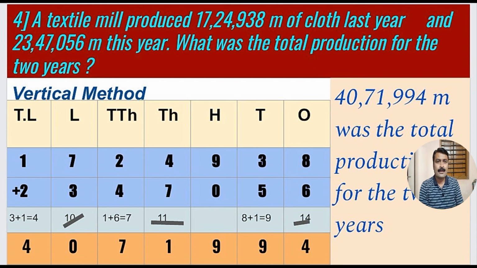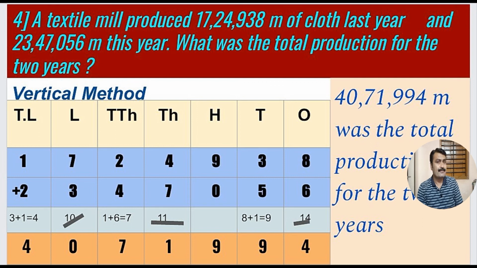Now at 1000, 4 plus 7 we got 11. For 11 we write 1 into the main answer, and next one we taken as a carry into the addition, that is at 10,000 place. So at 10,000 place 2 plus 4 we got 6 and we make plus 1 in that. So 6 plus 1 as 7, and 7 we write into the main answer.